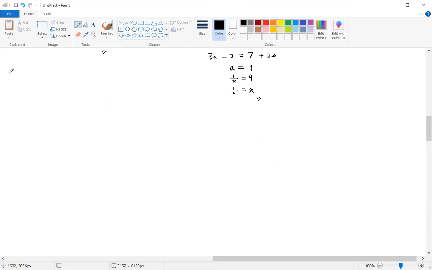Okay, question C. Here, cubic root of 2z minus 1. So write your 2 and z carefully. 2z plus 1, sorry. And minus 5 equals, not equal, sorry, plus 2.